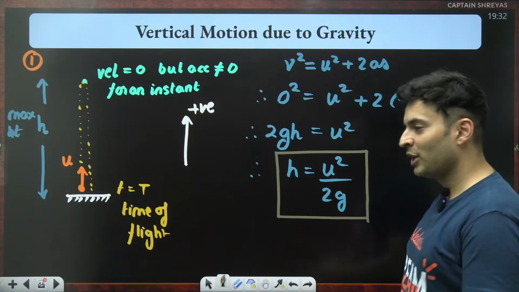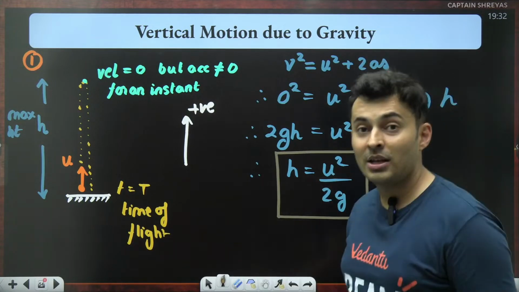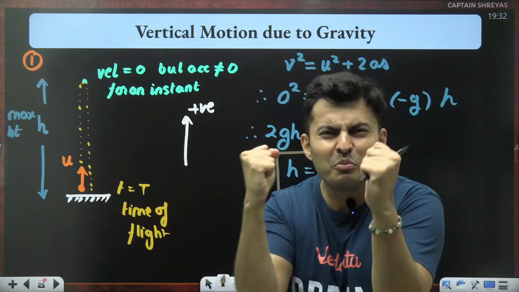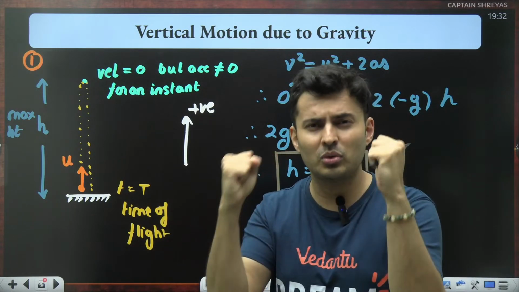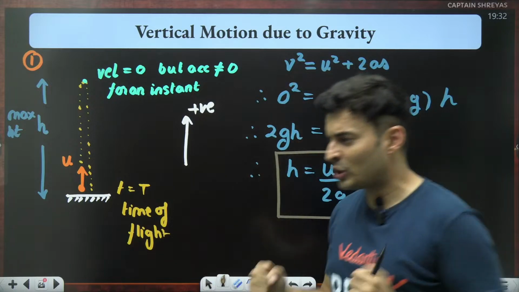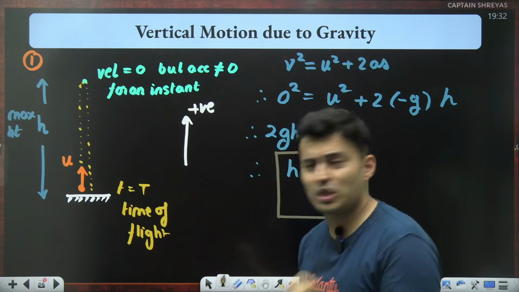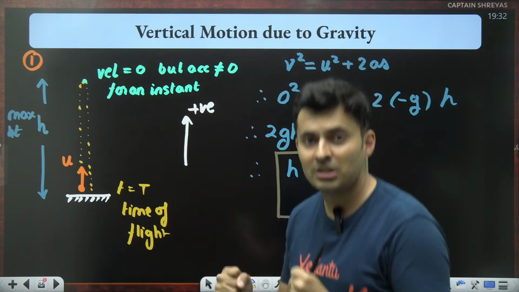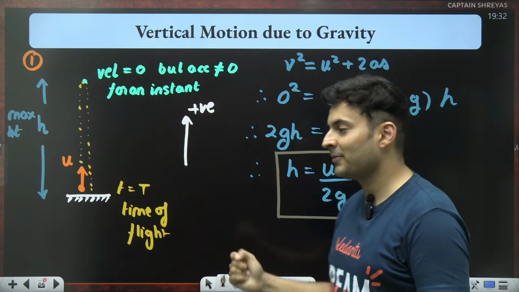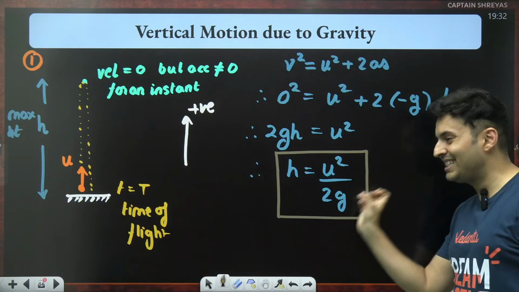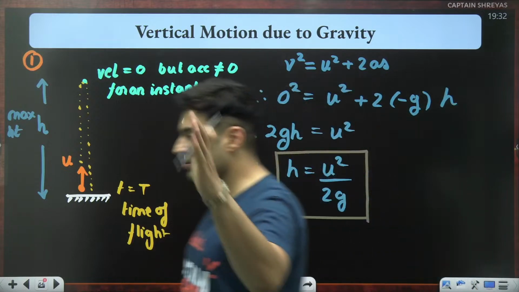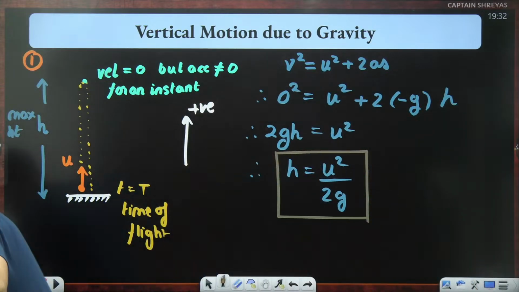On the moon, if you try to jump, you will go much higher. But on Jupiter, gravity is stronger, almost 2 to 3 times stronger than Earth. So if you try to jump on Jupiter, you will not go as high. On Earth, if you go this much, on Jupiter you'll probably go just this much. It will be much less because g is stronger on Jupiter and g is also downstairs. I hope this point is very, very clear.